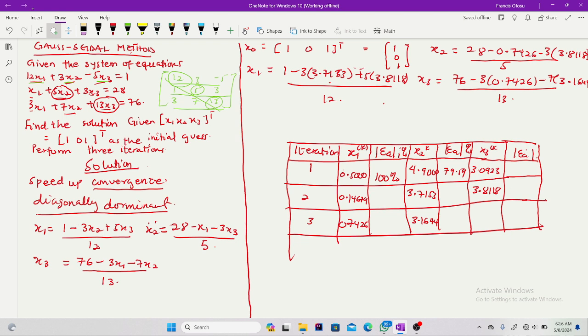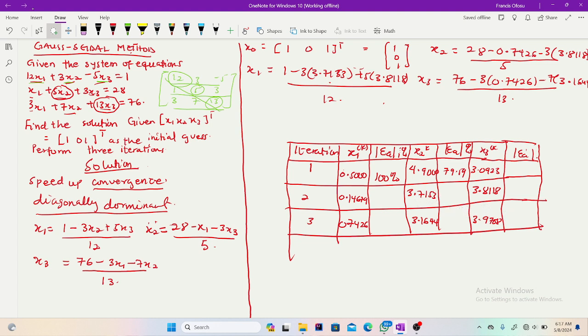And our answer is going to be 0.9708. So let me see, 76 minus 3 multiplying 0.7426 minus 7 multiplying 3.1644, right? All divided by 13. That gives 0.9708. So these are the values for our first, second, and third iterations.